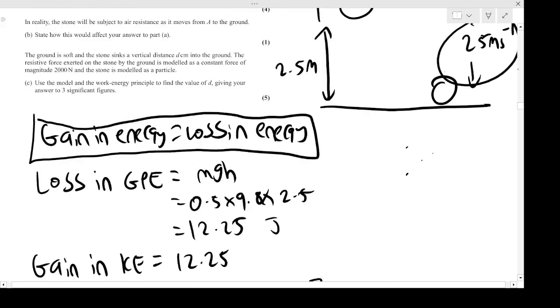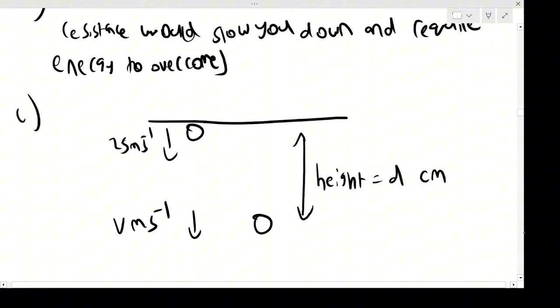Actually, no. We know after it sinks, eventually it'll go to zero speed. So we know the speed at the end is zero. It slows and stops there. And that's really everything.